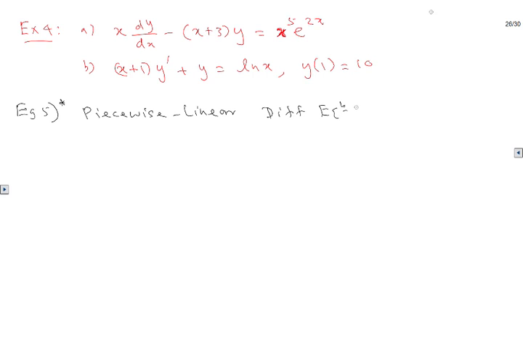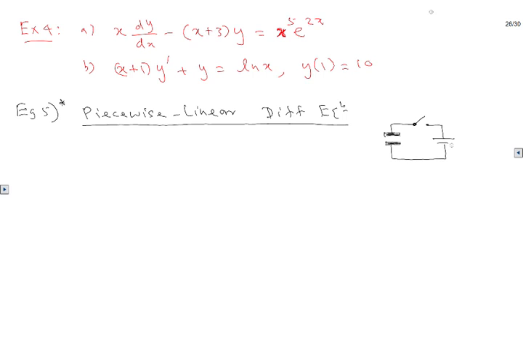Actually this is a nice application. You're going to see this kind of application in electrical circuits. For example, when you charge a capacitor. Let's say this is a circuit, with a switch, and you're going to see a power source.